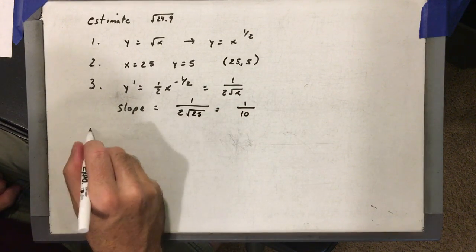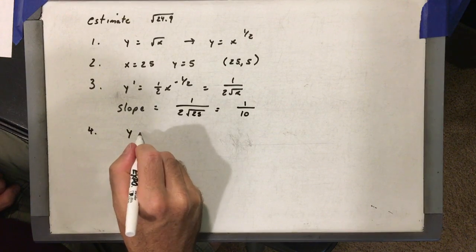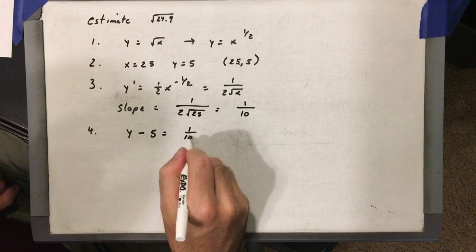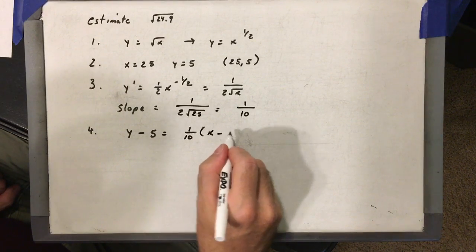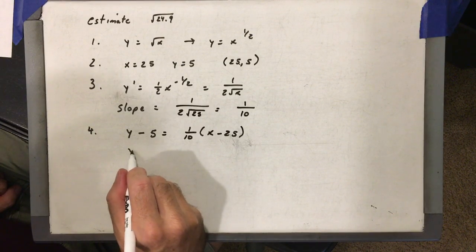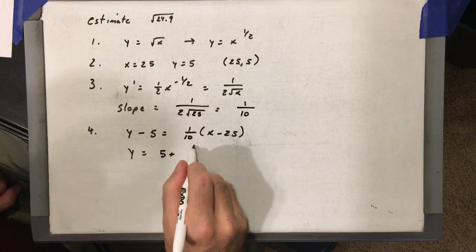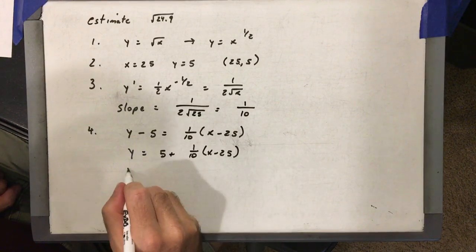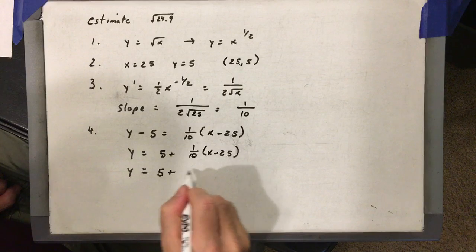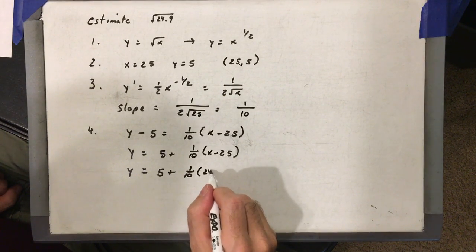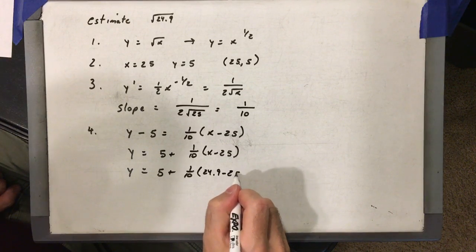So I'd have a tangent line equation, step 4, y minus y1, that's 5, is equal to 1/10 times x minus x1, 25. All right, so y is equal to 5 plus 1/10 times x minus 25. So y is equal to 5 plus 1/10 times 24.9 minus 25.